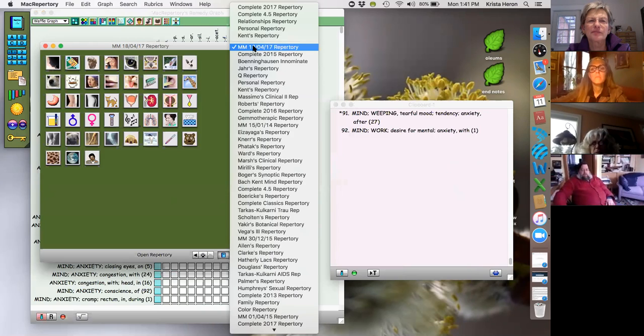This might not work very well on this version of your Mac computer. It's an older edition. Yeah, I think I can open any of Massimo's older versions. Maybe not. I don't know. Maybe I can't open the newer one. Like, I put it in there, but it doesn't want to. What version of Mac repertory are you using? Open repertory. Just a minute. I'm gonna try another way.